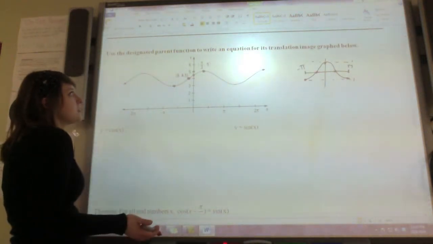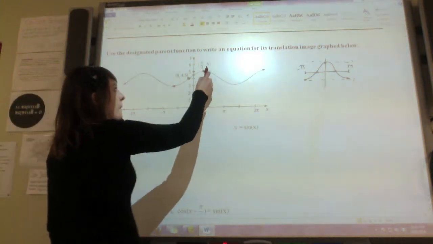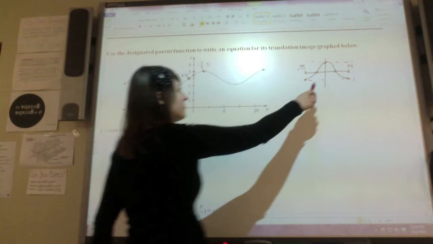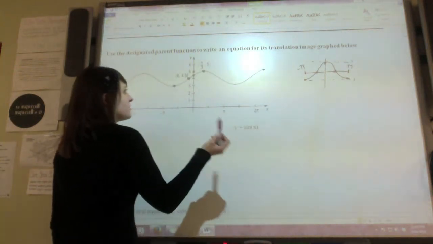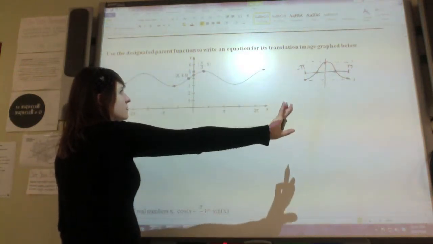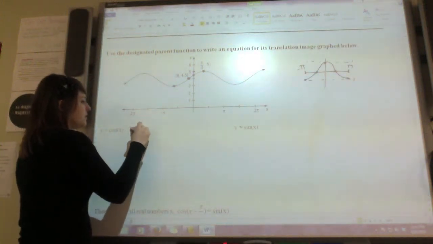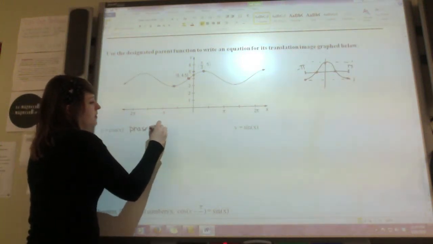In this case, you'll notice that my maximum is at pi over 3 instead of being at 0. So what I've done is shifted to the right by pi over 3, which gives me a phase shift of pi over 3.